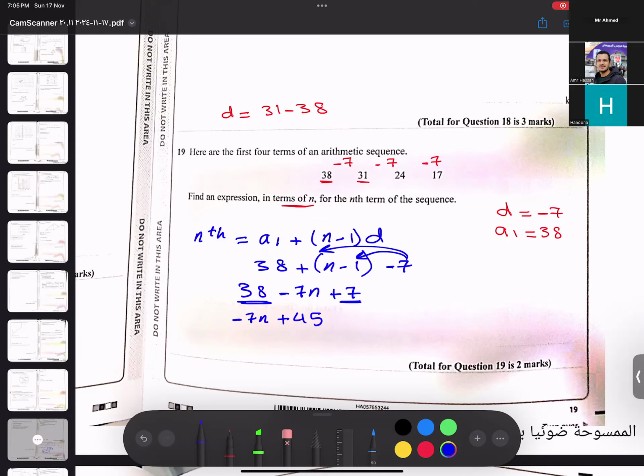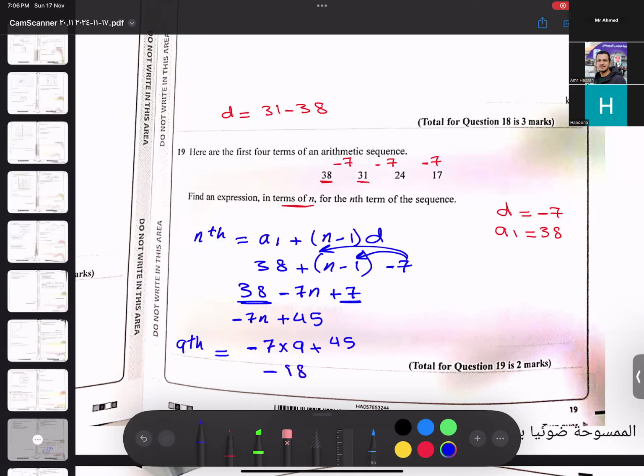What if they asked me to figure out the ninth term? We'll do minus 7 times 9 plus 45, which is minus 18.